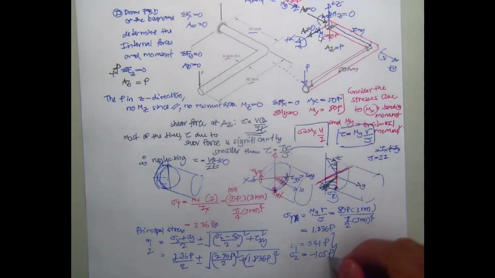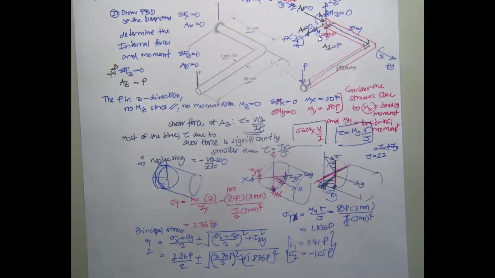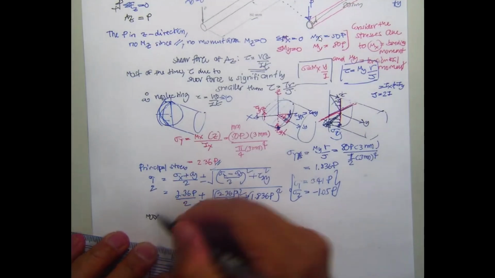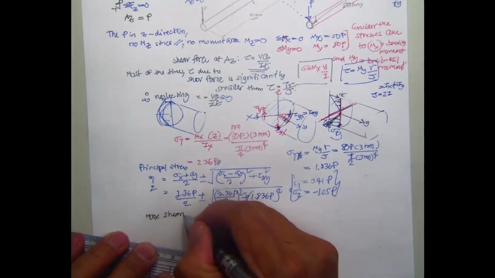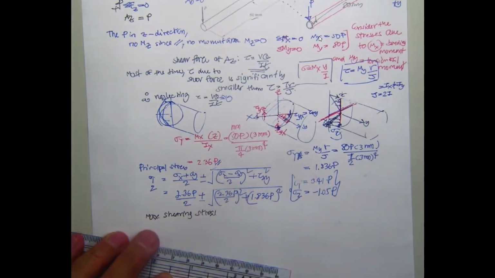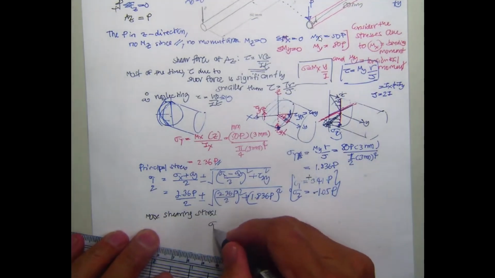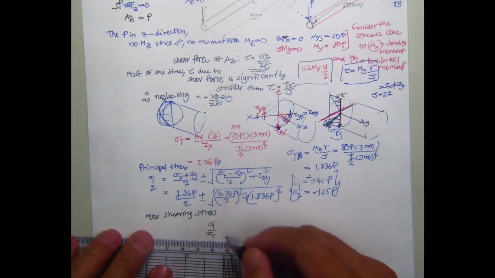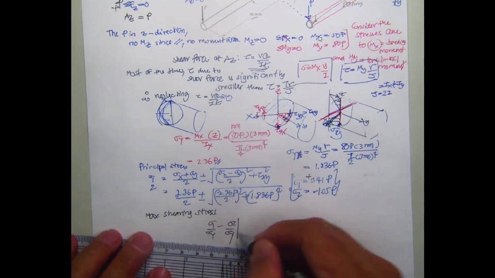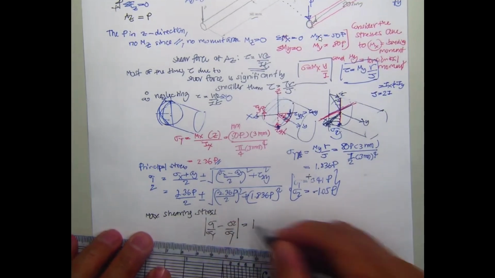Now, depending on the failure criteria that you use. If you use maximum shearing stress, we have only sigma 1, and sigma 2 is negative. They are on opposite sides. When they are on opposite sides, we use sigma 1 divided by sigma y minus sigma 2 divided by sigma y, absolute, and put it equal to 1.